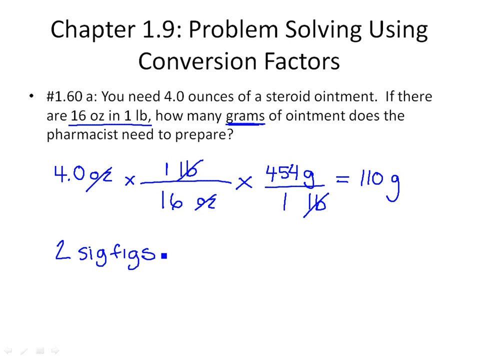Just a reminder, we have both ones, and any non-zero digit is significant. But we have a trailing 0 with no decimal there, so that 0 is not significant. The 2 ones are significant, which gives us 2 significant figures, which is what we are supposed to report the answer to.